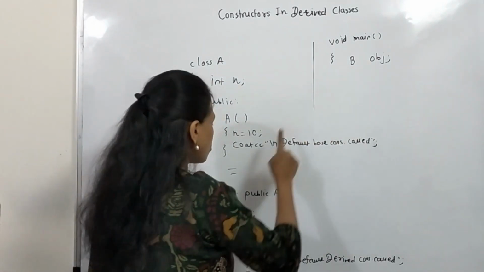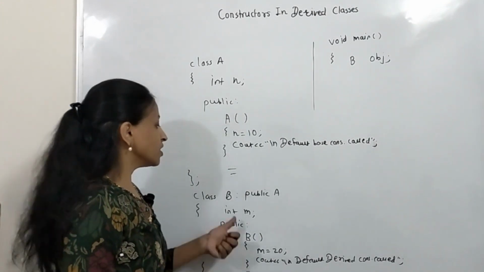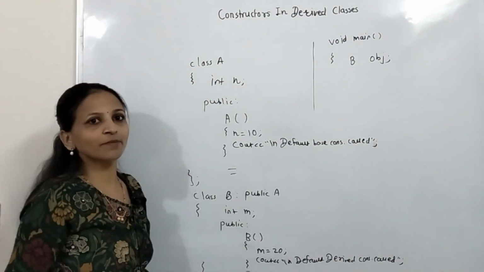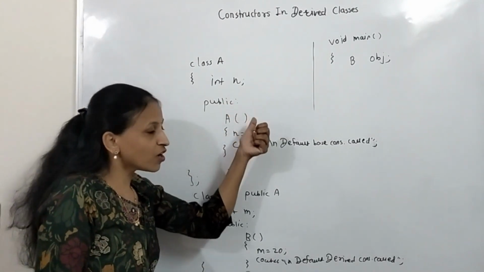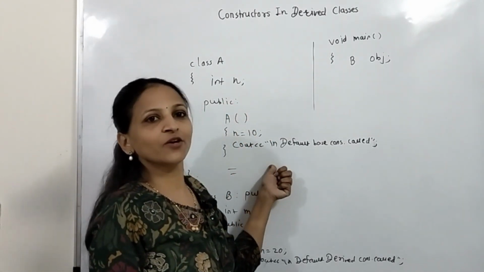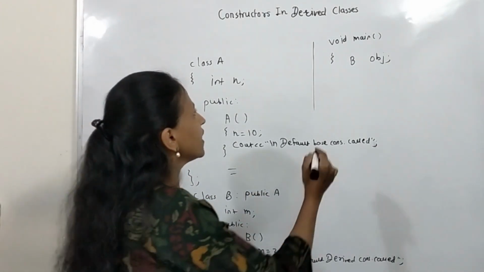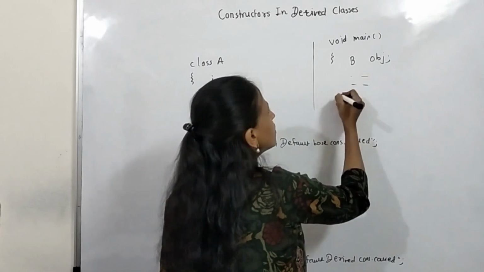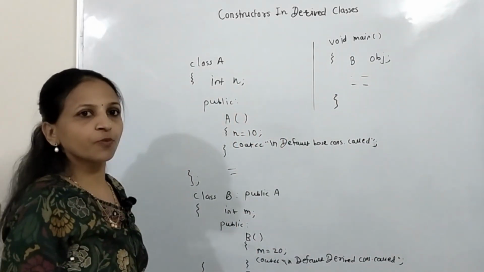Now we are creating an object of B, so its default constructor will be automatically called, but class B is not a normal class, it is a derived class. That's why first the default constructor of the base will be called and then the derived one.